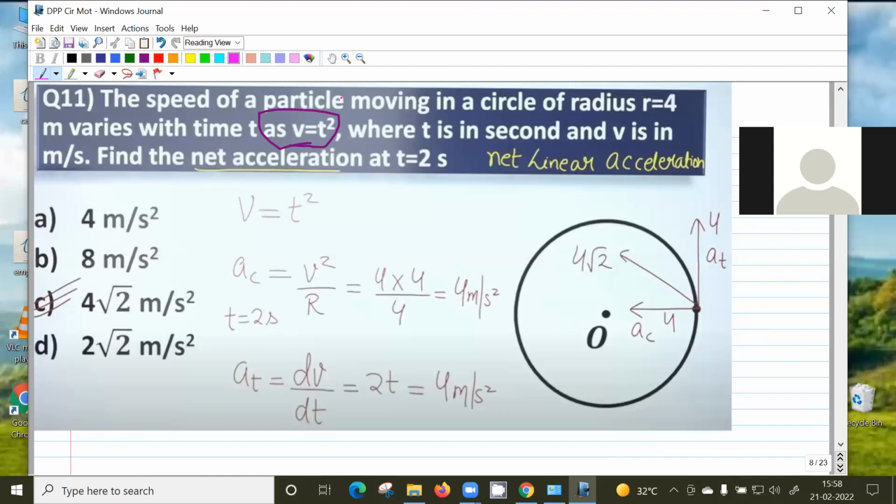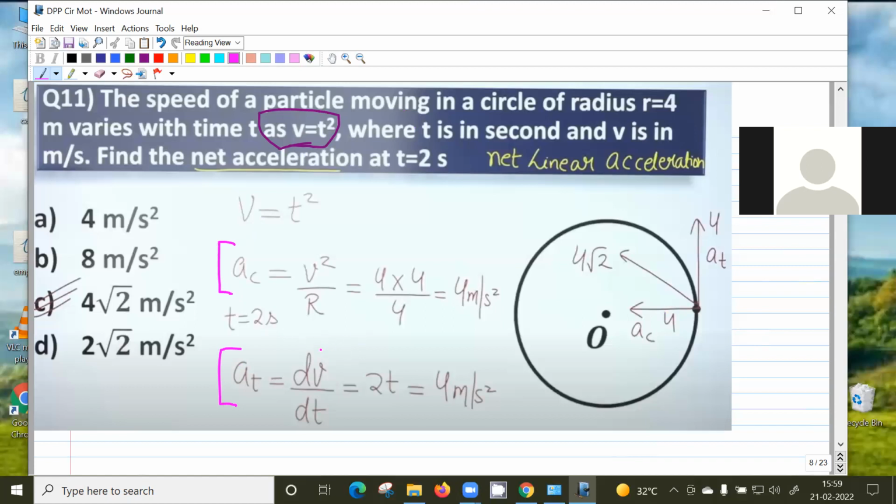Yes, sir. Option C. Centripetal acceleration is always v squared by r for a circular motion, whether it's uniform or non-uniform. But in the case of non-uniform circular motion, this tangential term will be there in addition. This comes from r alpha, and r into alpha is r d omega by dt.